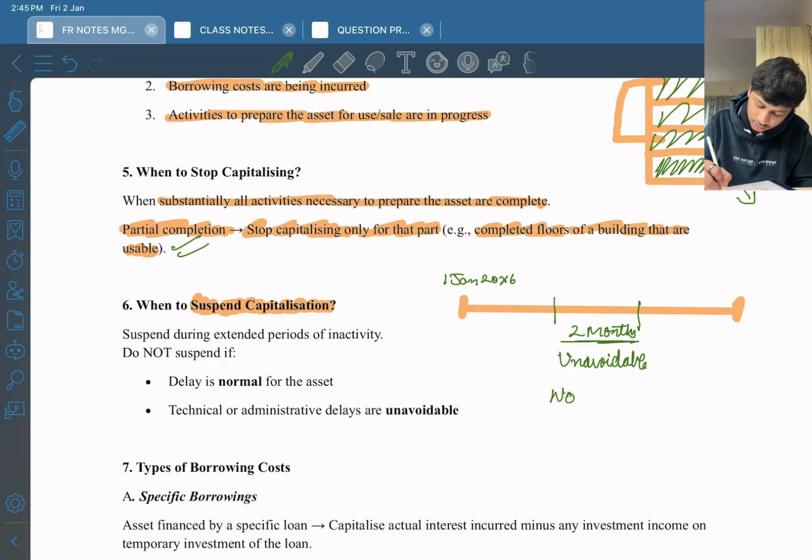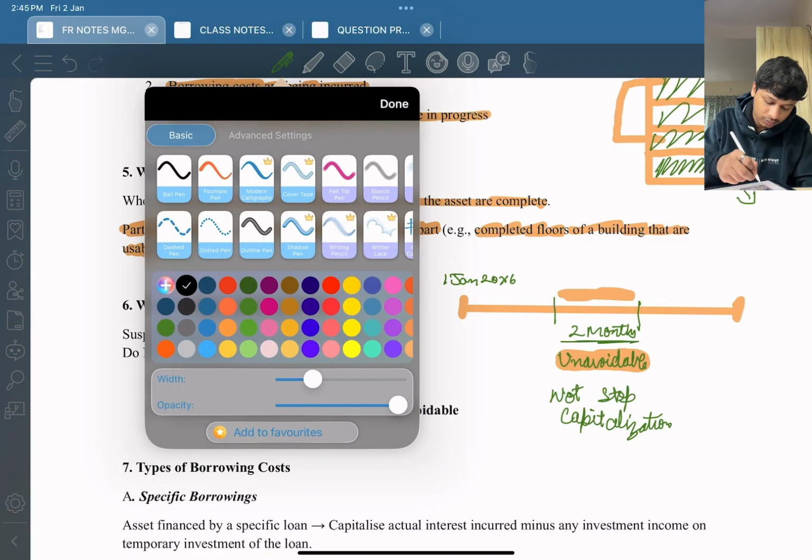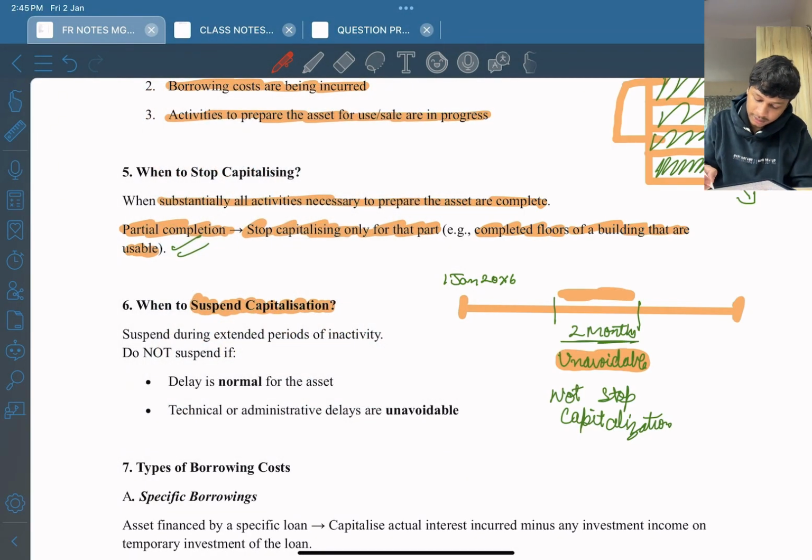No, I will not stop capitalization. Which means I'll be capitalizing the interest for these 2 months as well in the value of the asset, because the pause was unavoidable.